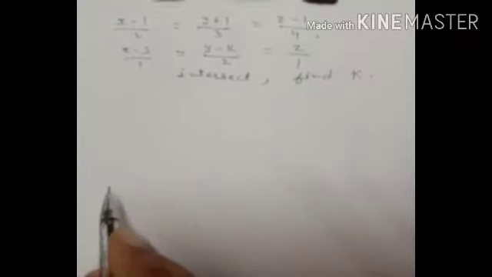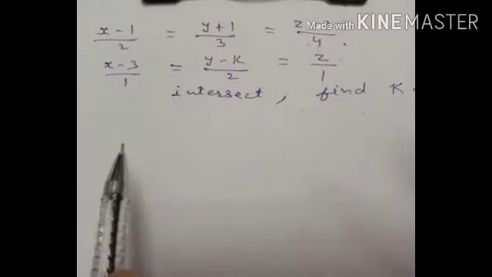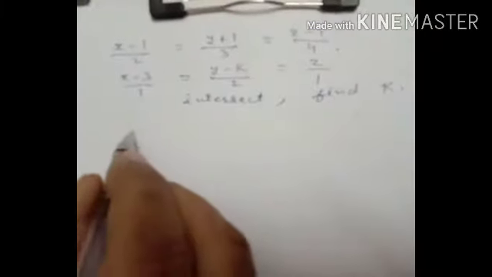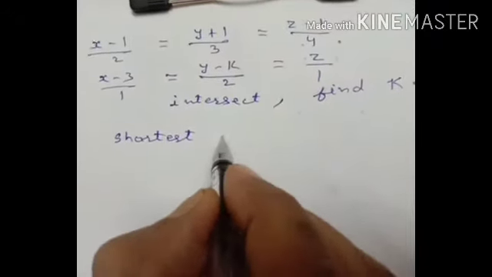To find the value of one unknown we have to form one equation. Here the two lines are in Cartesian form and they are intersecting. Lines are intersecting, it means that the shortest distance is 0.